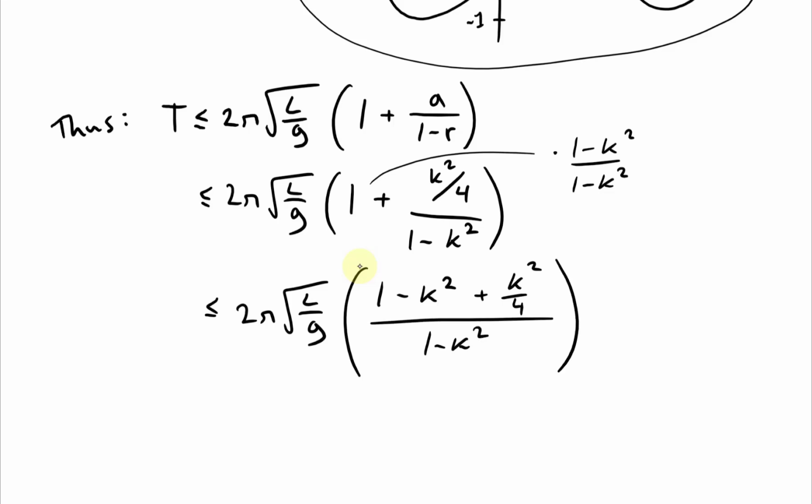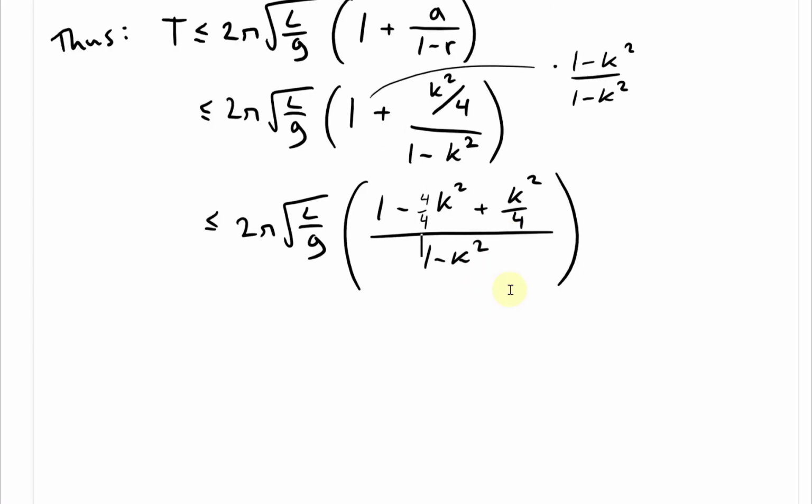Now we could add these to this k squared part, because this is just k squared by itself. That's equivalent to writing 4 over 4 k squared, which is just going to be 1. So negative 4 plus 1 is going to be negative 3 over 4.